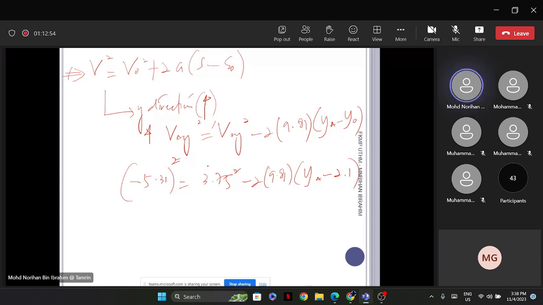We only have one unknown, which is YA. When you solve this one, YA is equal to 1.38 meter. So we got the same answer as the previous one.